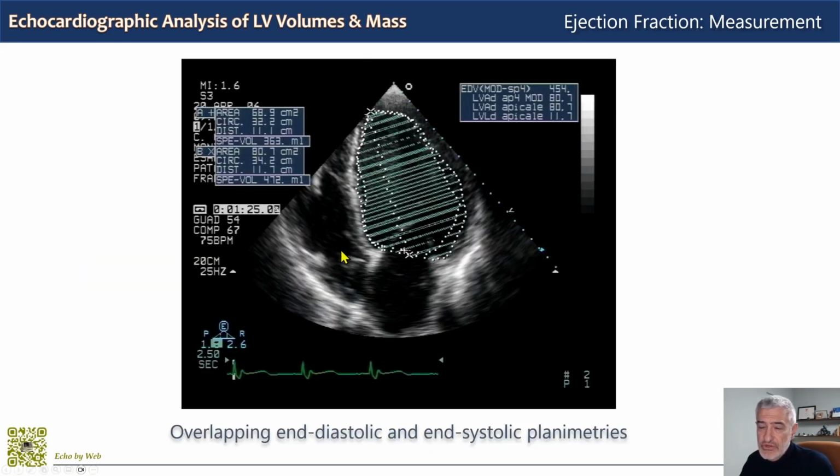Additional information can be obtained on some echocardiography machines if the end diastolic and the end systolic planimetries are shown superimposed, as in this case.